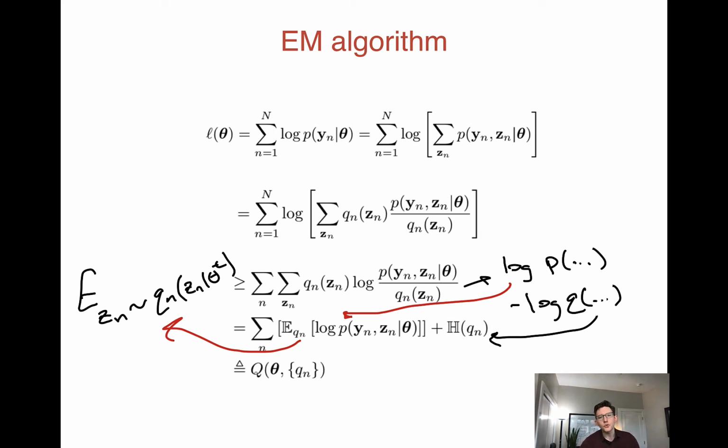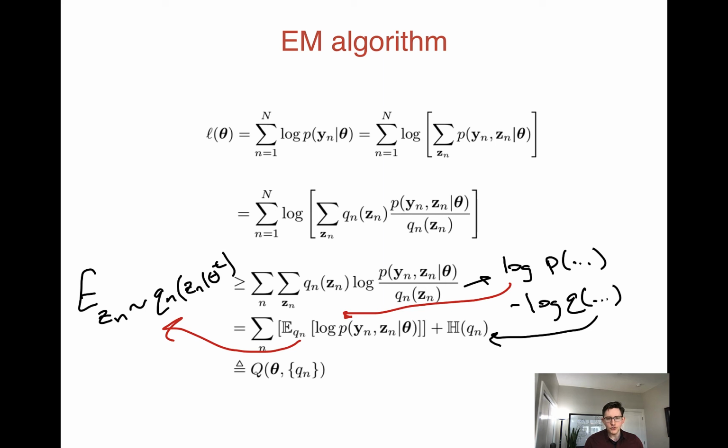Now, for Q to fit into our majorization-minimization framework that we defined a few slides ago, it has to have two properties. The first is that it's a lower bound in the first parameter on the thing we're trying to optimize. And that's what we just proved. So we're good on criterion number 1.